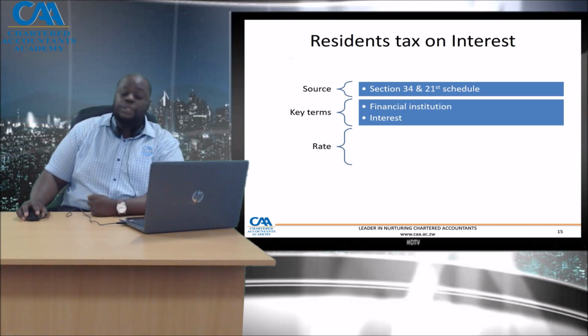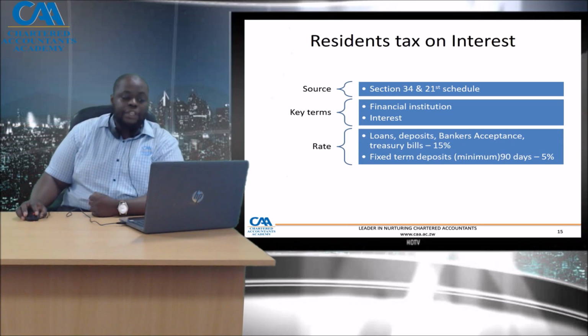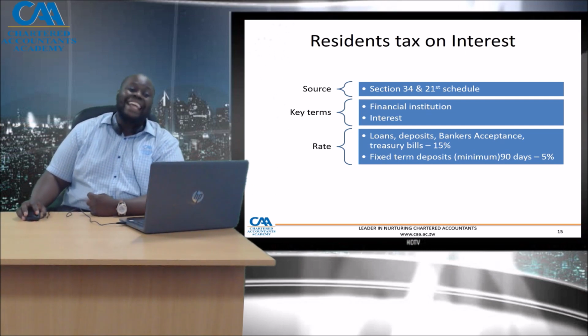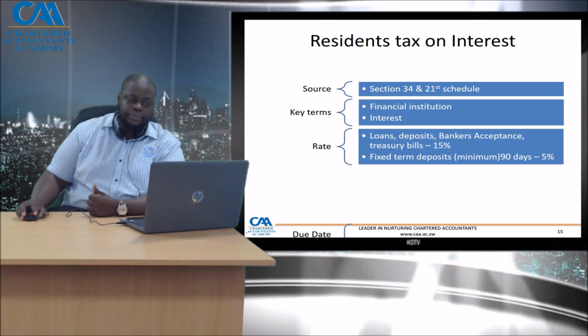The rate at which the withholding tax is withheld: if it is just a loan or banker's acceptance or a treasury bill, the financial institution withholds 15% from the interest payment. However, if it is a fixed term deposit of up to 90 days, the amount withheld is 5% of the interest.